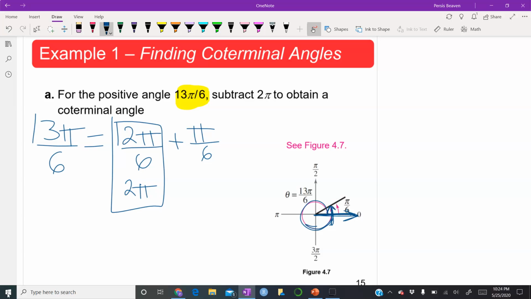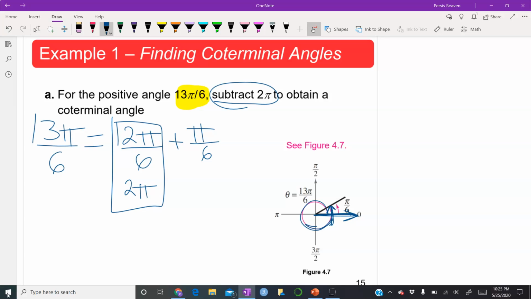I like to teach by showing visual representations, because it helps you create an idea, and you will get used to that. You do have to subtract sometimes, because to find a coterminal angle you have to add 2 pi or subtract 2 pi.